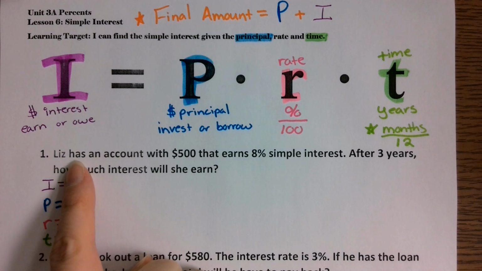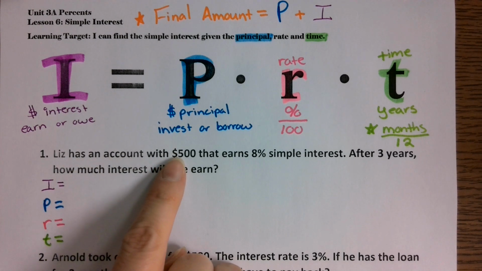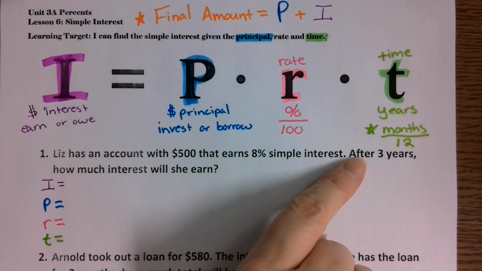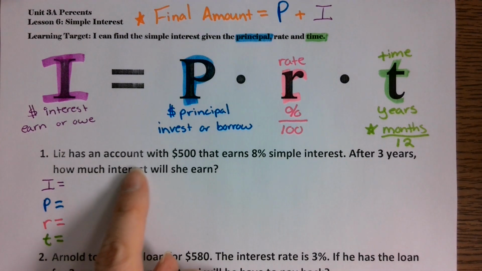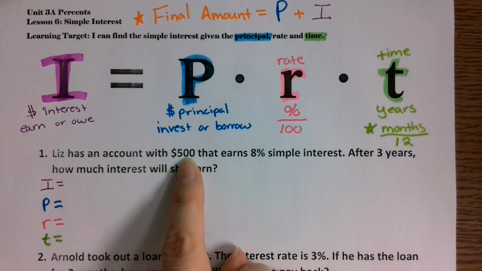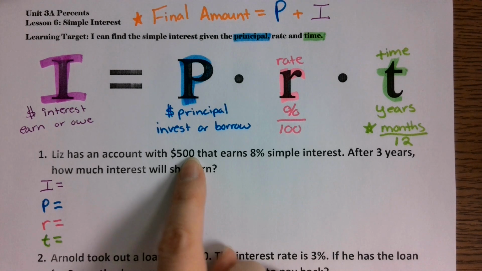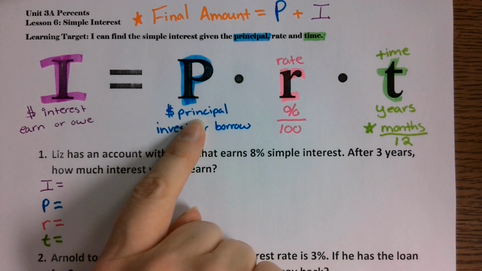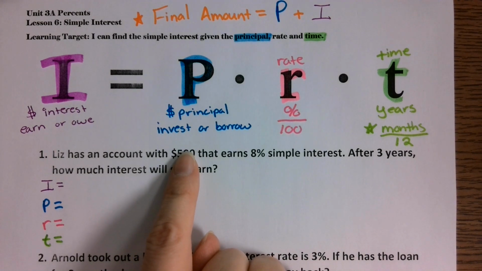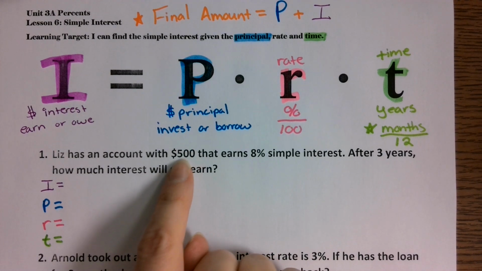It says Liz has an account with $500 that earns 8% simple interest. After 3 years, how much interest will she earn? So let's start with the $500. This is the only part that's money, isn't it? It's either going to be an interest or a principal. So is this money that she's currently got, or is it money that she's going to earn?